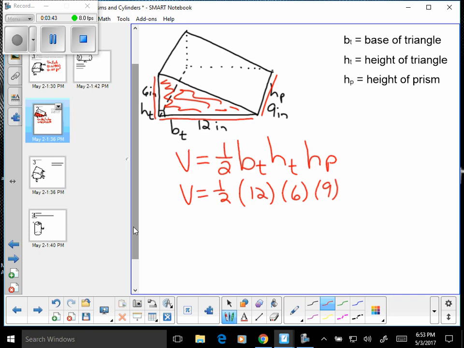So you have to keep your height of your triangle separate from the height of the prism. Again, always look for that right angle. In our volume here, 1/2 times 12 is going to be 6, and 6 times 6 is 36, and 36 times 9 is 324. Remember, we're working with volume, so it's inches cubed.